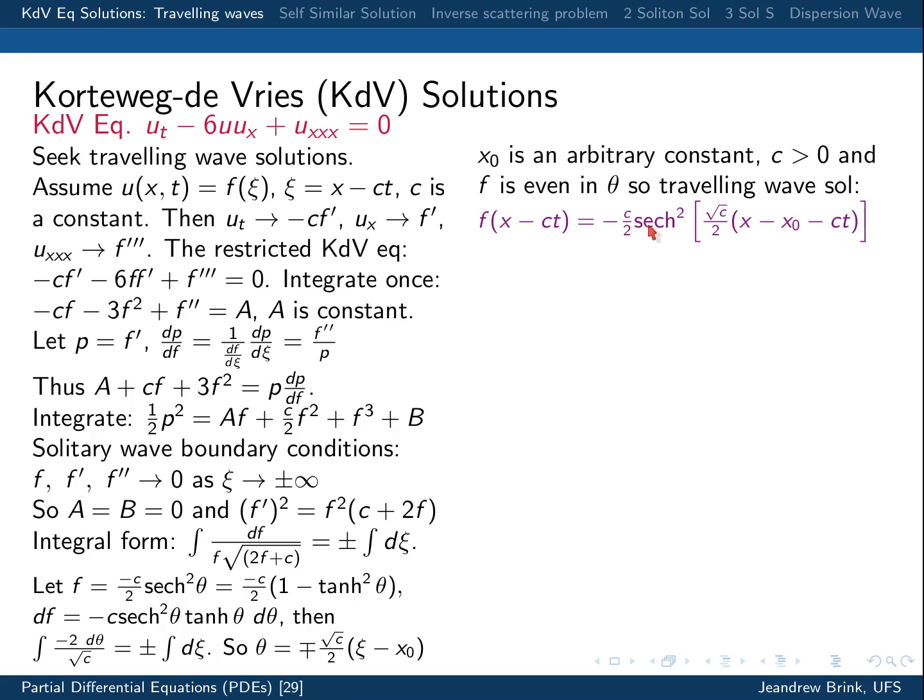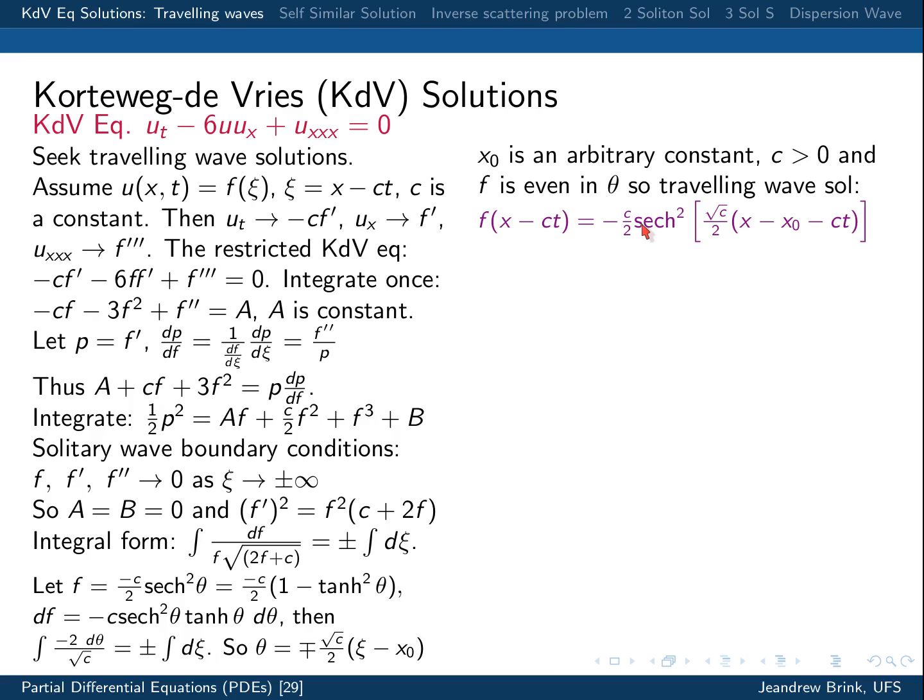There are a lot of features about this individual traveling wave solution that can be explored. Namely, the speed is related to both the width of the wave as well as its height. In other words, there's a very clear relationship between the speed and the profile, which is something that Russell also observed in his experiments. The second thing is f is always negative.